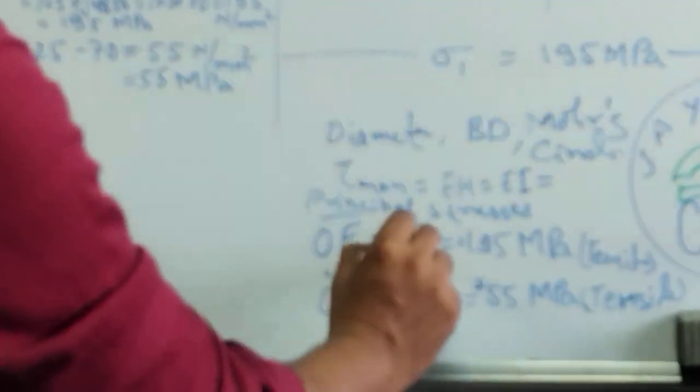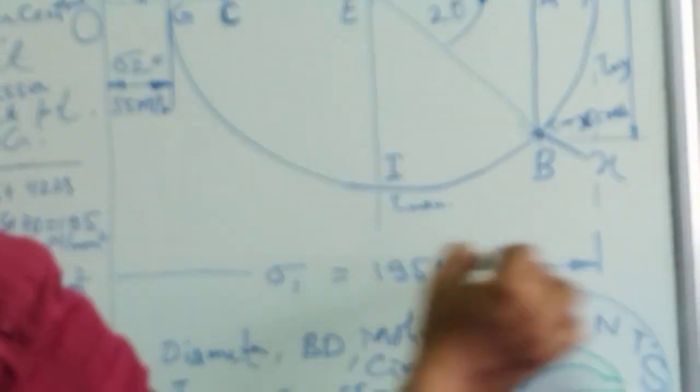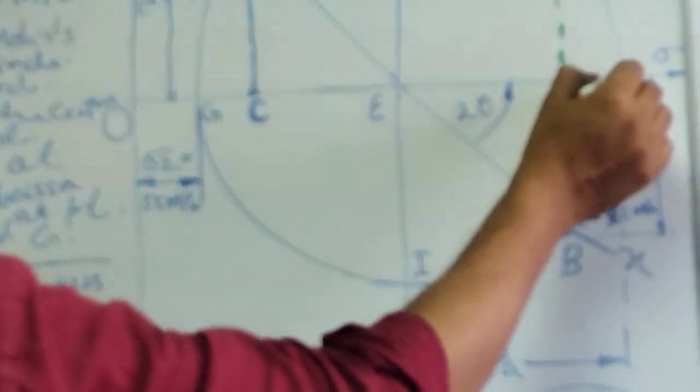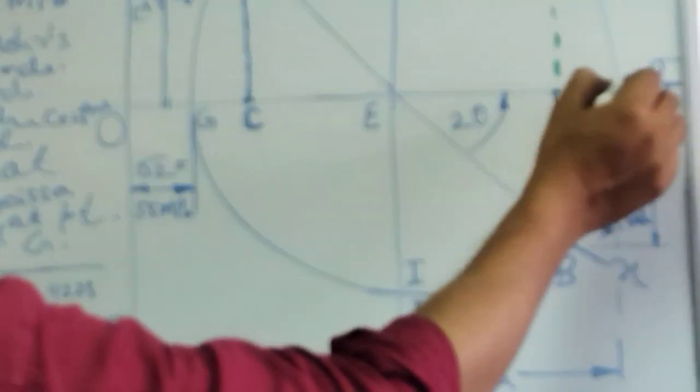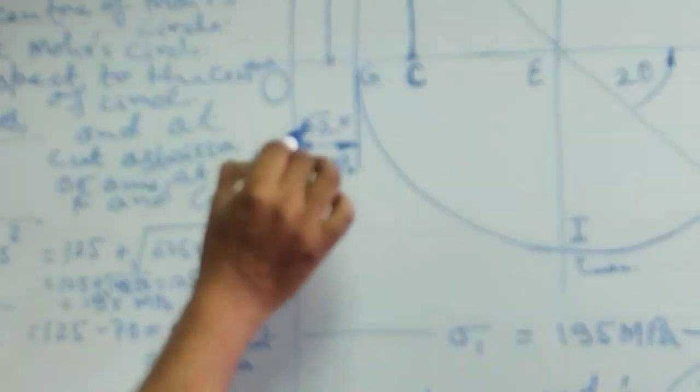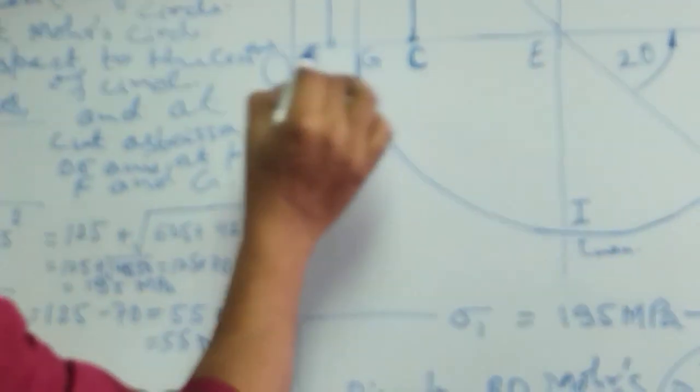From O to F, this value is sigma 1, the maximum value found from the calculations, 195 megapascal. And sigma 2, the smallest, is OG, which is 55, and both are positive values.